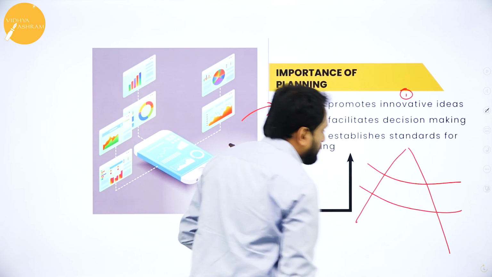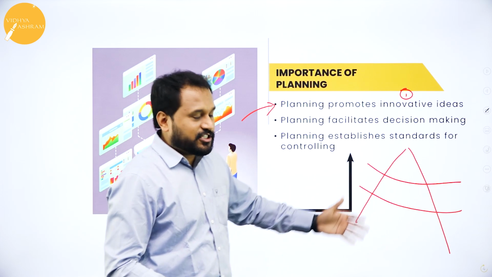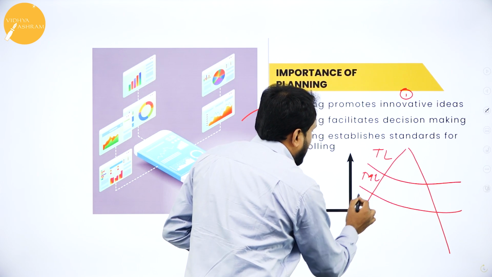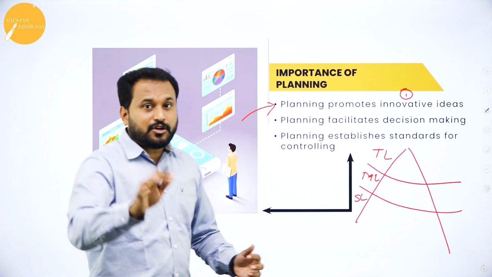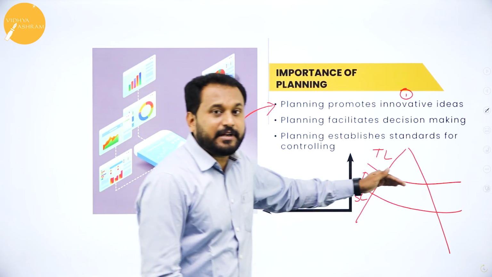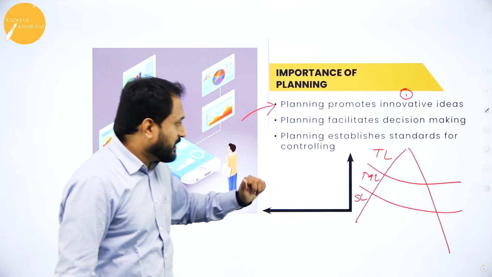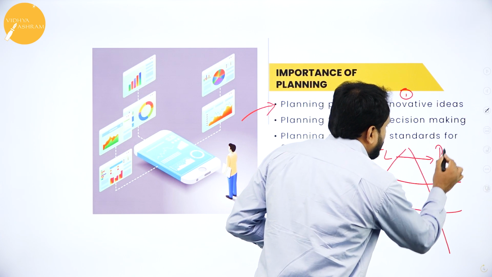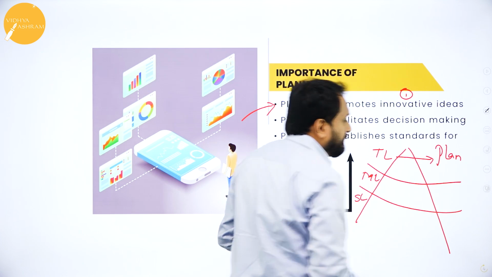We have 3 tiers of levels of management: the top level, middle level and supervisory level. As a commerce student, you should understand this. Here, the top level people are the ones who will go with planning. They will plan everything, whatever people should do.